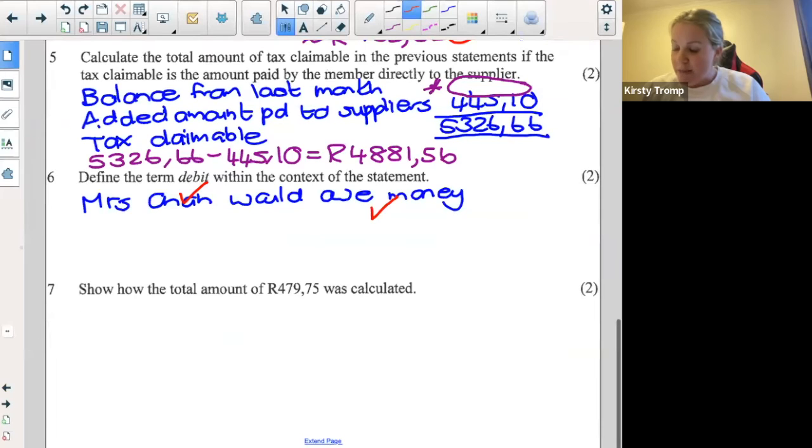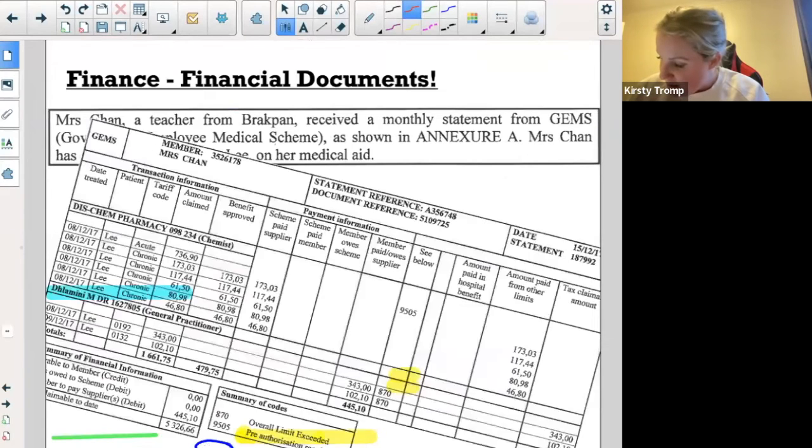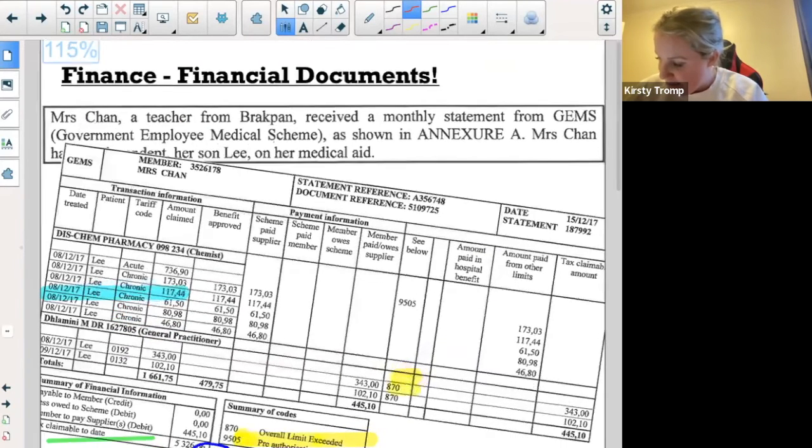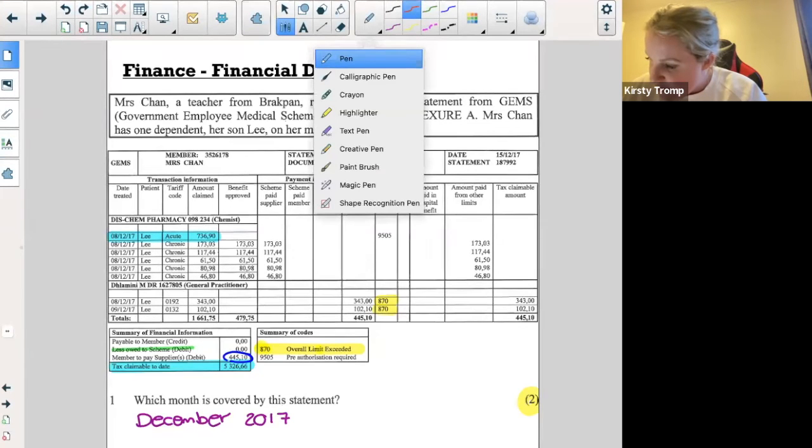Show how the total amount of 749 Rand 75 was calculated. Let's go have a look. Oh dear. 749 Rand 75. Let's highlight that for you guys so you can see where they are talking about.